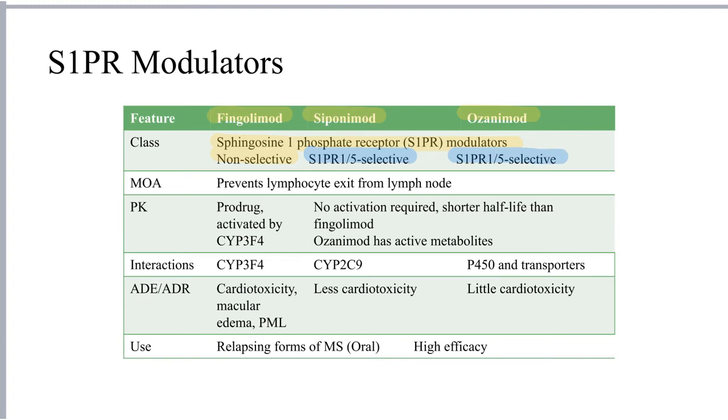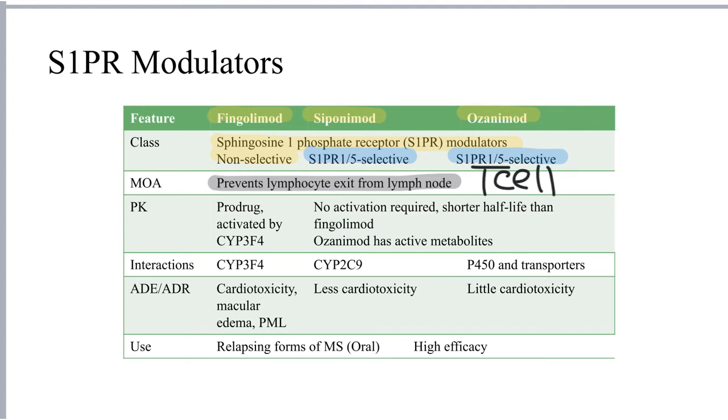This is thought to reduce some of the adverse effects that are associated with the use of fingolimod. Their mechanism is all the same, as we just discussed. It prevents lymphocyte or T cell exit from the lymph node, and therefore fewer T cells in circulation.